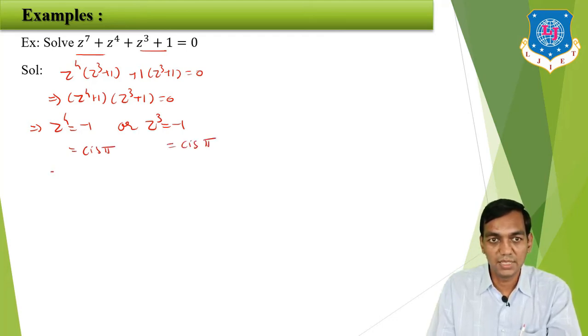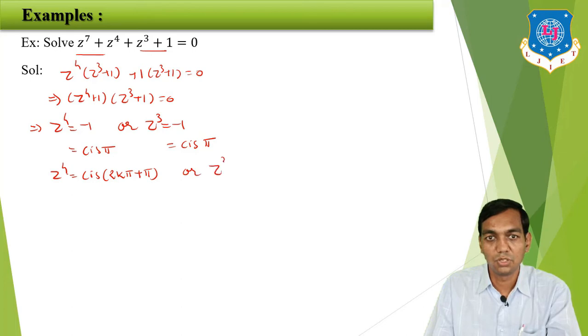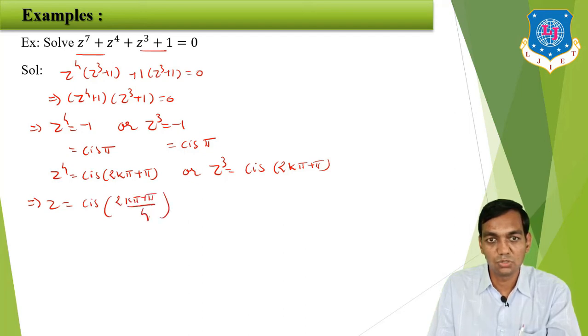But we are replacing the angle by the general angle. So z raised to 4 is cis 2k pi plus pi, and z cube is also cis 2k pi plus pi. So this will give you z is equal to cis (2k pi plus pi) by 4, because raising to the power 1 by 4 divides the angle.